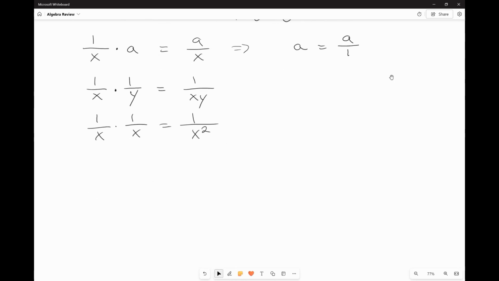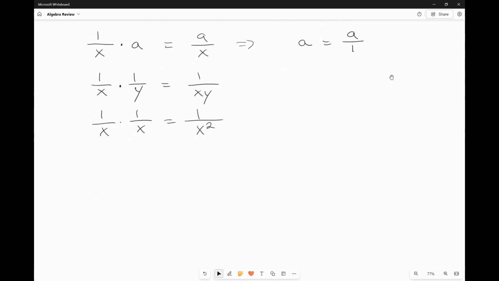Now let's do dividing fractions. So let's say I had 1 divided by x divided by 1 divided by y. We'll just do a division of fractions. Let's say we have two fractions, one fraction divided by another fraction.